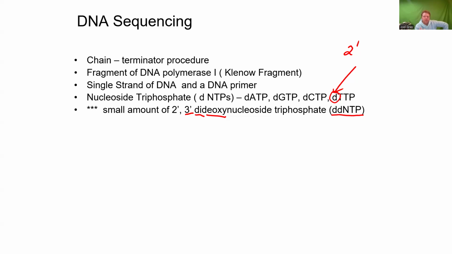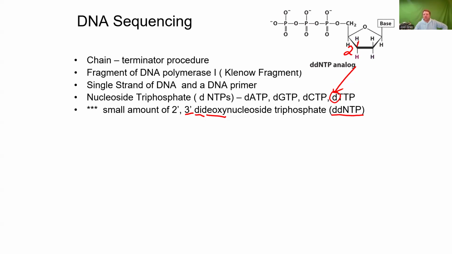In order for that phosphodiester linkage to exist, you have to have a 3 prime OH group. What if you don't have a 3 prime OH group? Are you going to be able to make a phosphodiester linkage between two sugars? No, not at all. And that's what's being exploited when you're doing DNA sequencing.